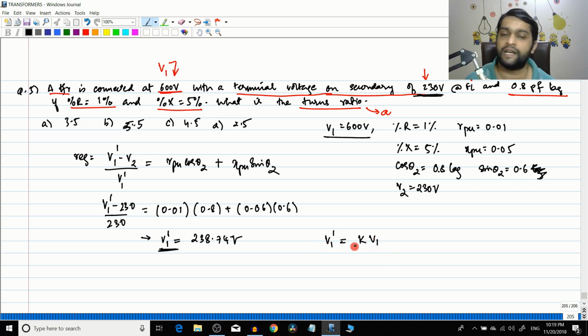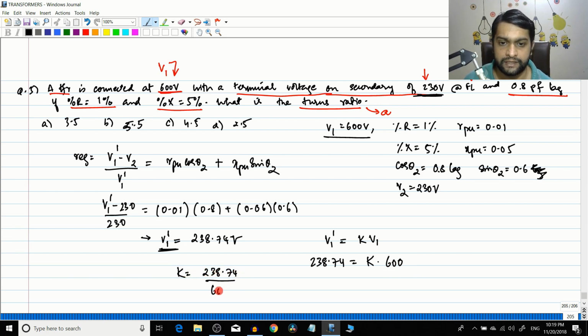This is the basic relation of the transformer. So 238.74 is equal to K into V1, where V1 is given to be 600 volt. So K is equal to 238.74 divided by 600.